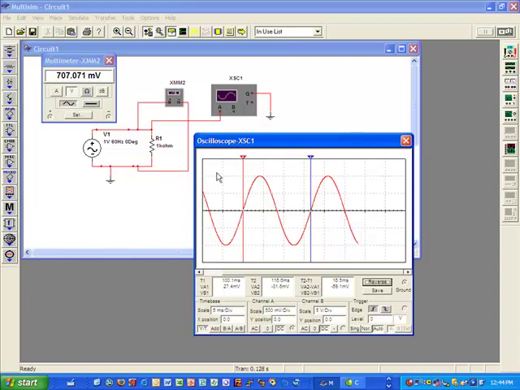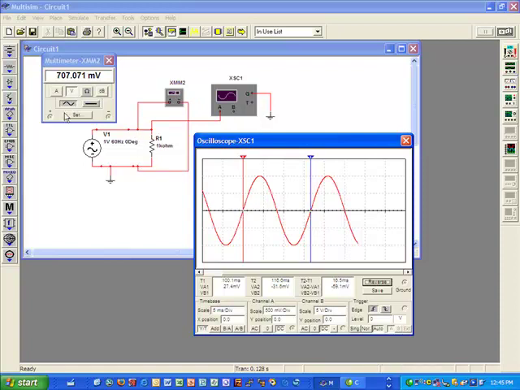And notice the oscilloscope is connected across this 1 k ohm resistor, and we're measuring 1 volt peak and 1 volt negative. This would be 2 volts peak to peak if we were looking at it that way, but typically we say 1 volt peak.